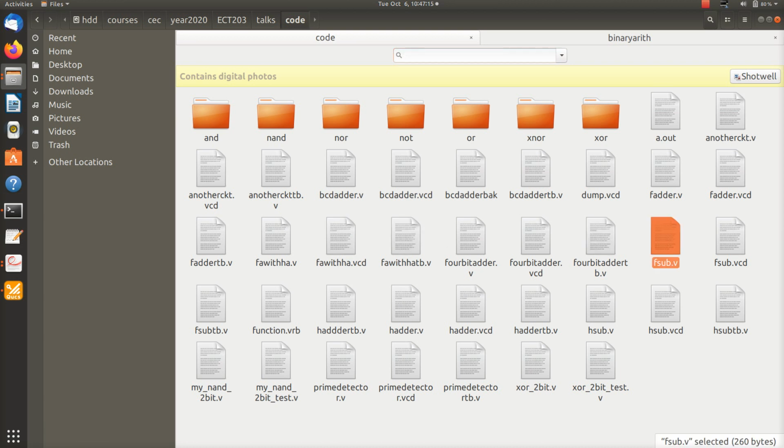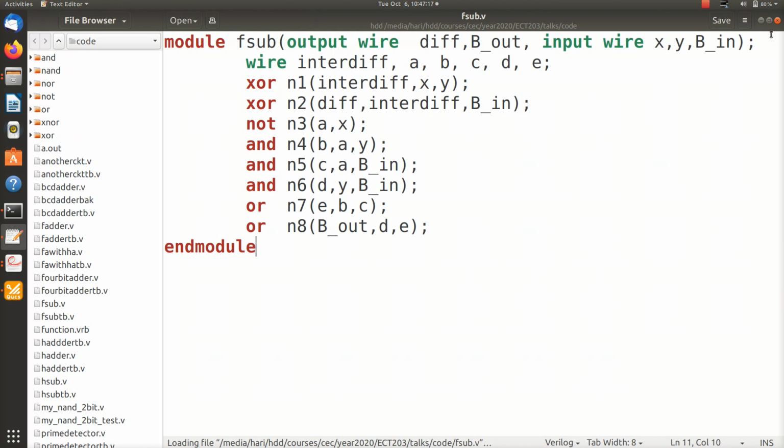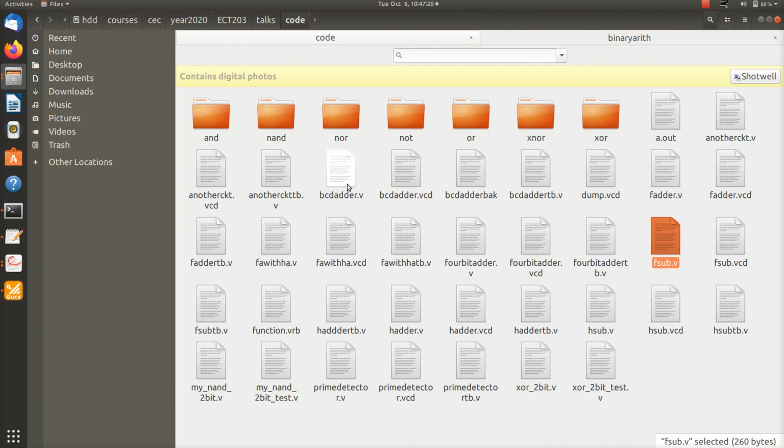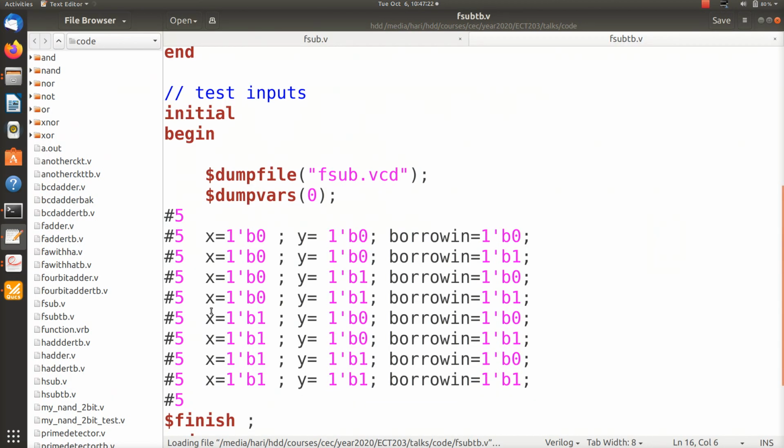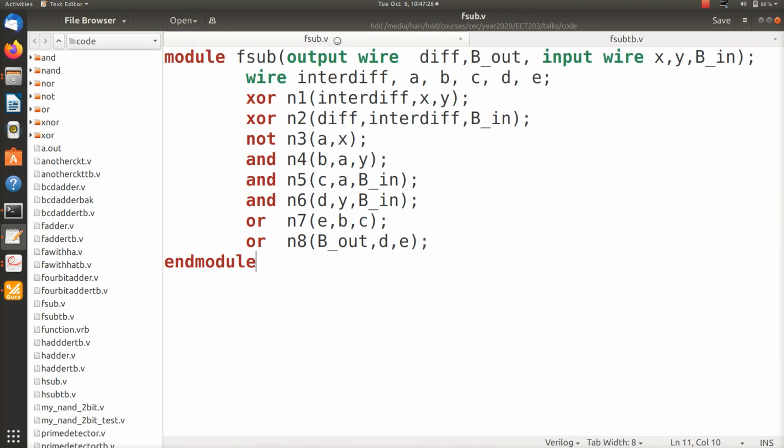This is my fsub.v. This is the file you have seen. Then I have an fsub tb. Now this is my device fsub. This device we were discussing the Verilog code for in this file. So this fsub is there.